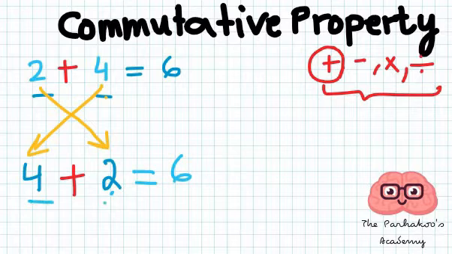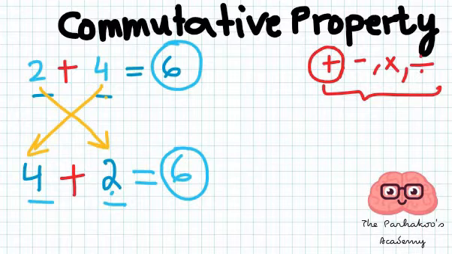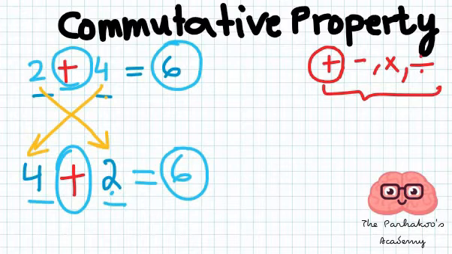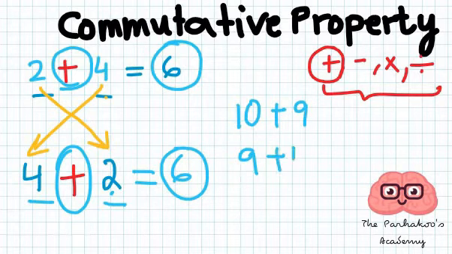So by changing the order, the result does not change. That means commutative property when we have addition is valid. That means it's up to you how you add two numbers. The result is not going to change. You add 10 to 9 or 9 to 10, it's going to give you 19 in any case. So it doesn't matter how you add two numbers, right?